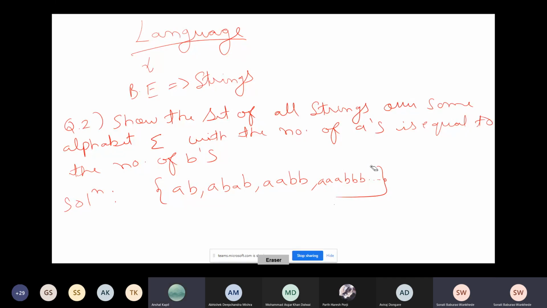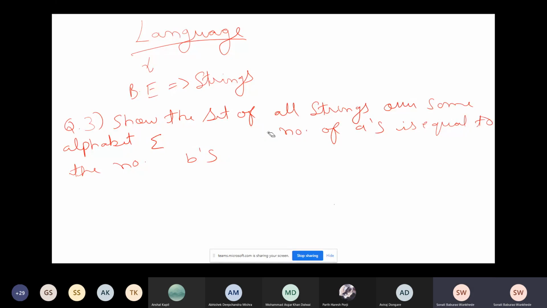Now we will see something. There are a few examples here. Next is question number 3. Try to solve that, all of you.